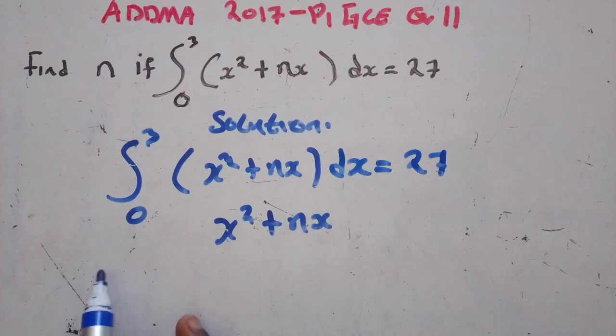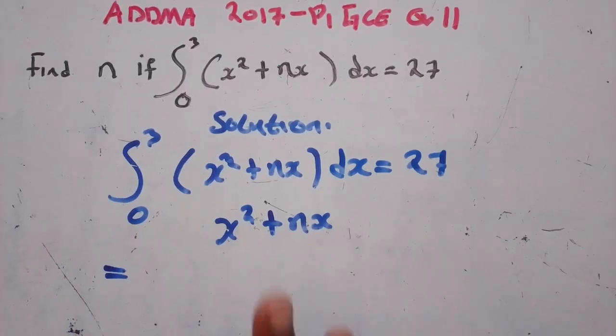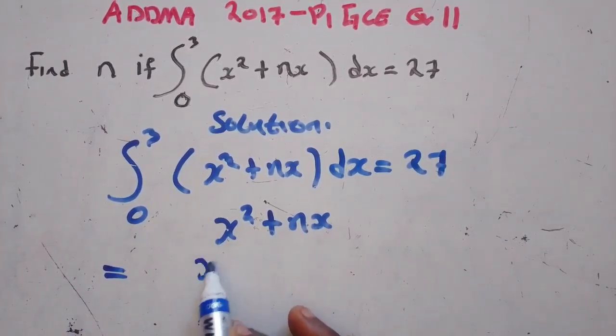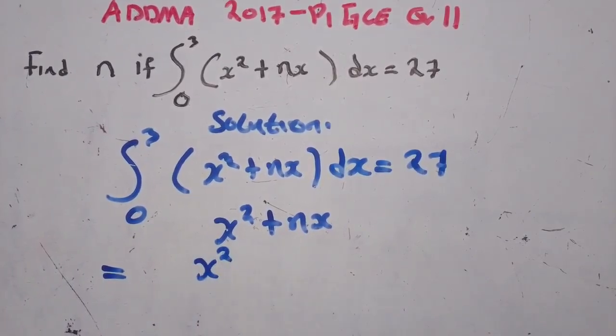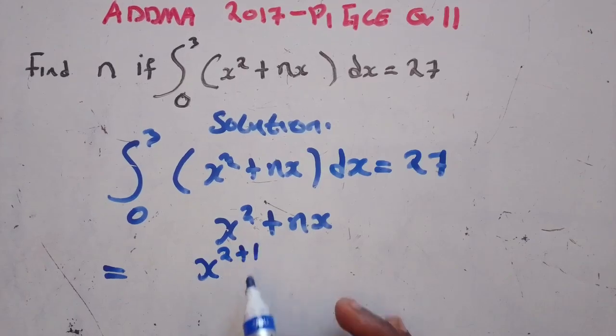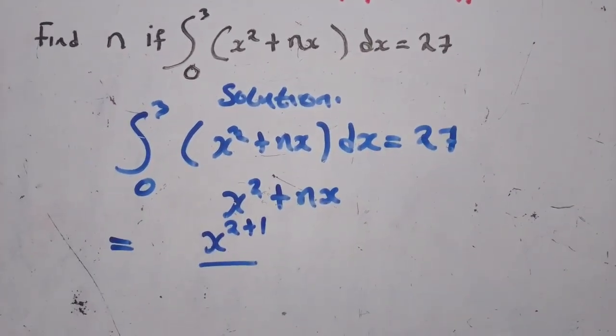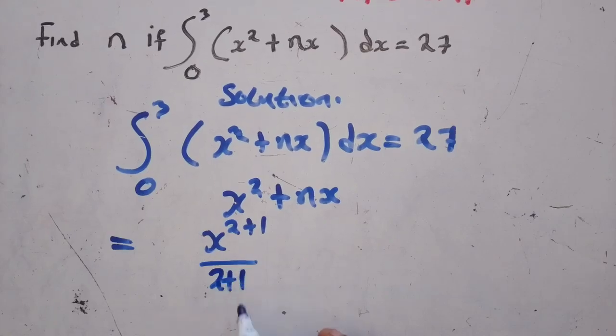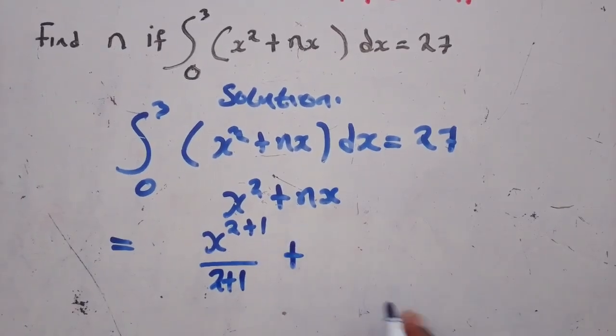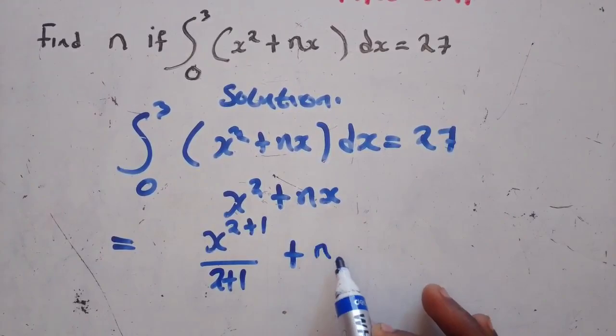So we're going to have x to the power 2 plus 1, divided by 2 plus 1, plus, on this side we also do the same, nx.